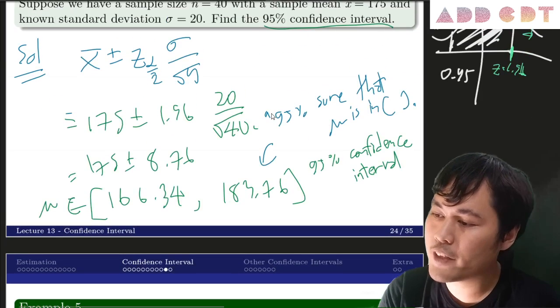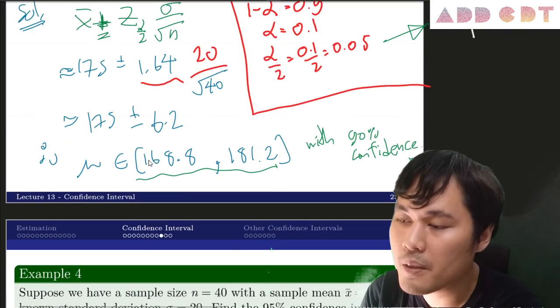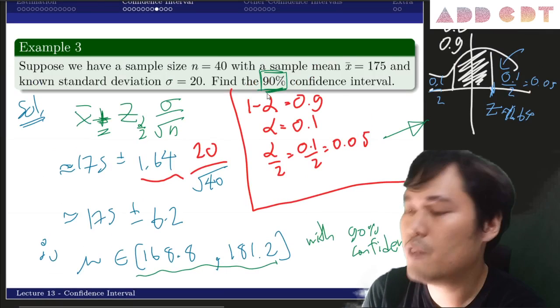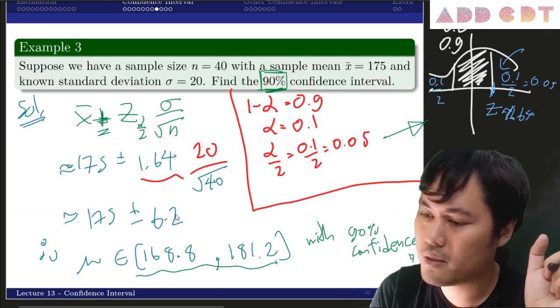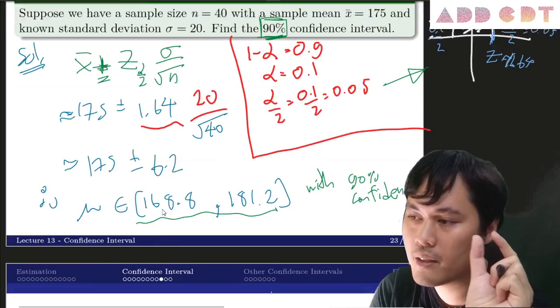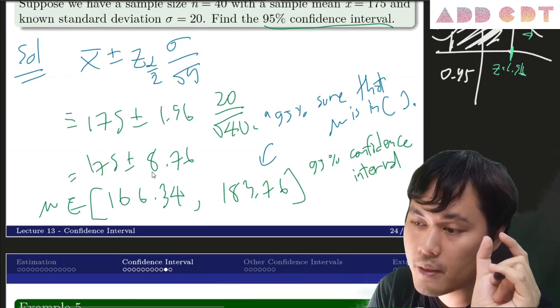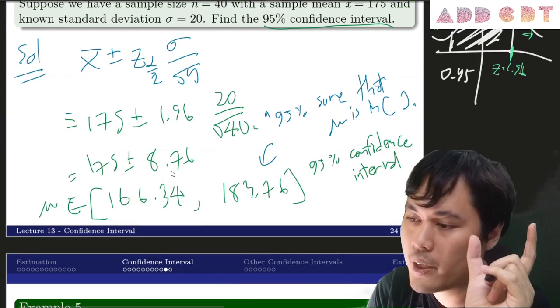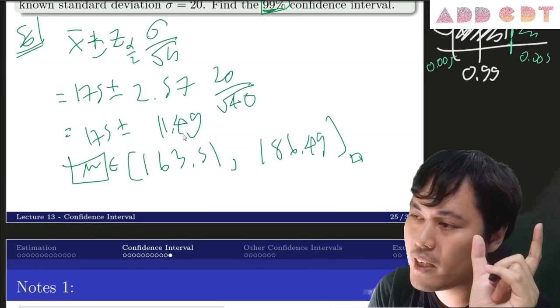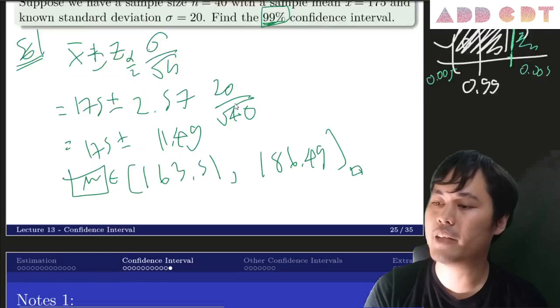So now we have three numbers, right? If the confidence level is 90%, then we have plus or minus 6.2, maybe something like that. If we increase the confidence level to be 95%, then that number increases to be 8.76, and if we increase that to be 99%, 11.49.